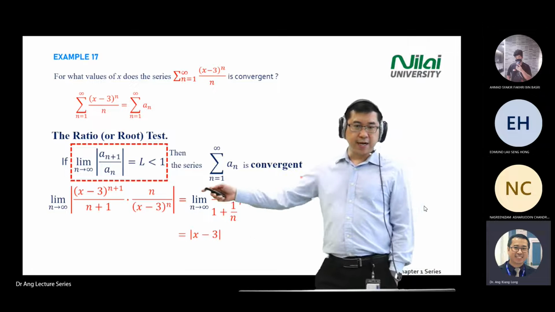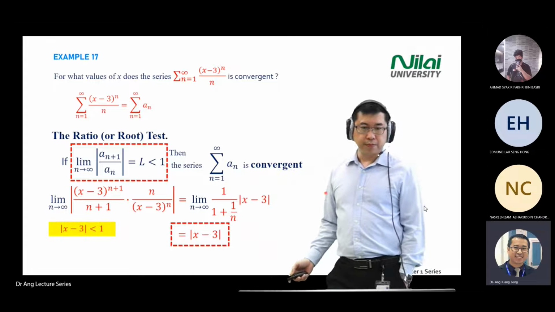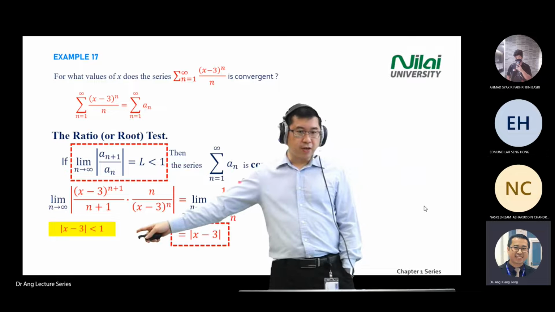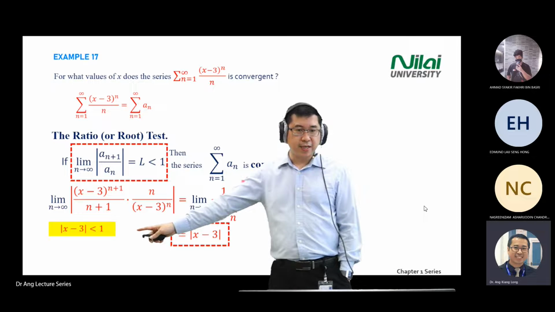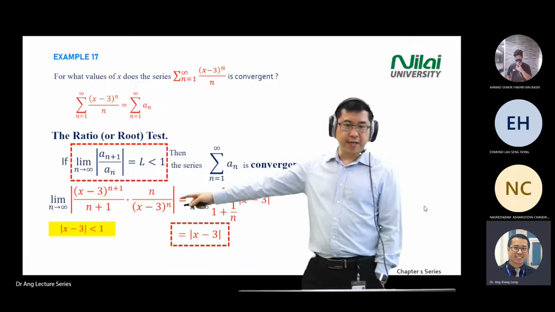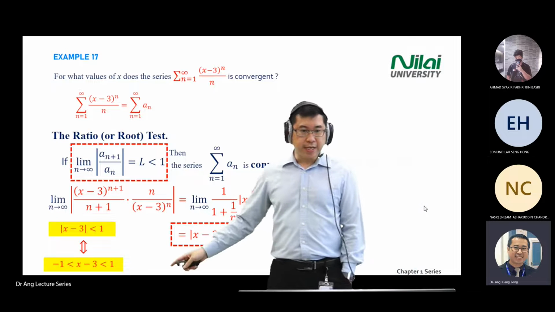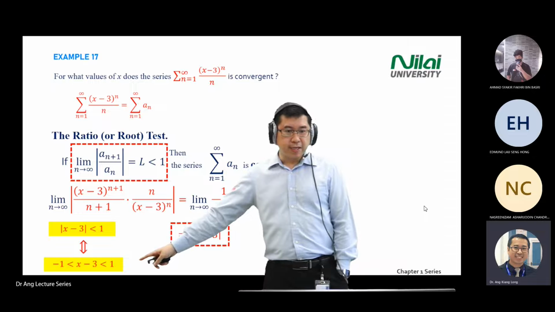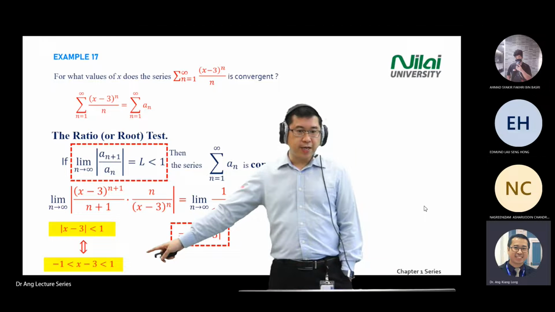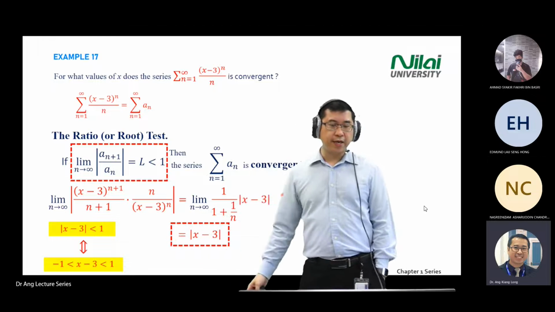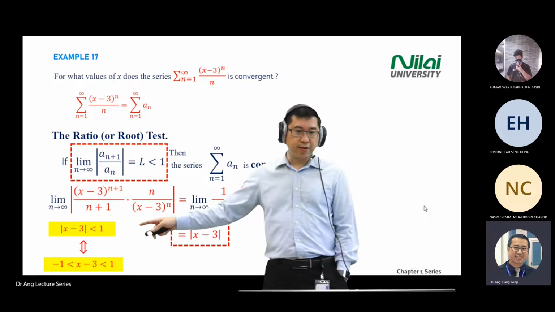So you take this one, less than 1, then you calculate what your x is. Okay, again, I highlight for you. You write the goalpost x minus 3 less than 1 as the final answer. Or you can put your answer as x minus 3 between minus 1 and 1. You can rewrite.